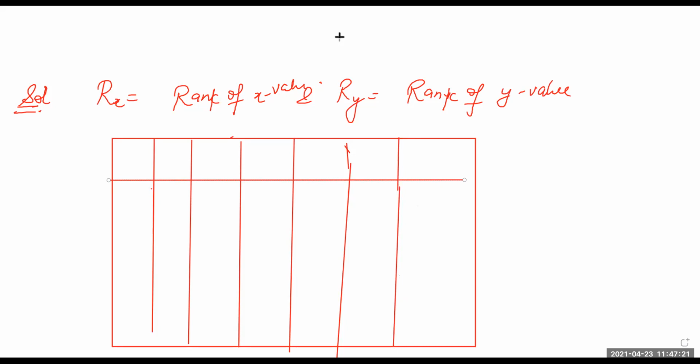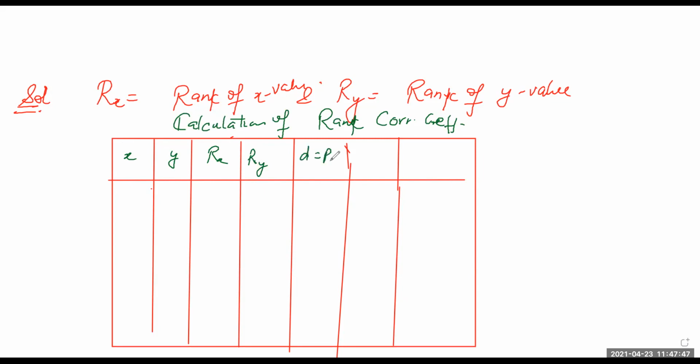So make the headings. You will write here calculation of rank correlation coefficient. So this is X, this is Y, this is Rx, this is Ry, this is D, Rx minus Ry, and this is D square.